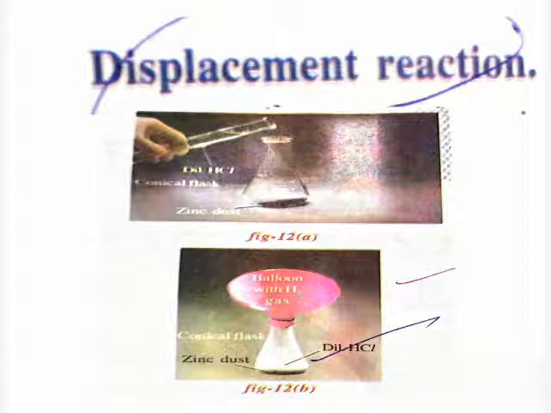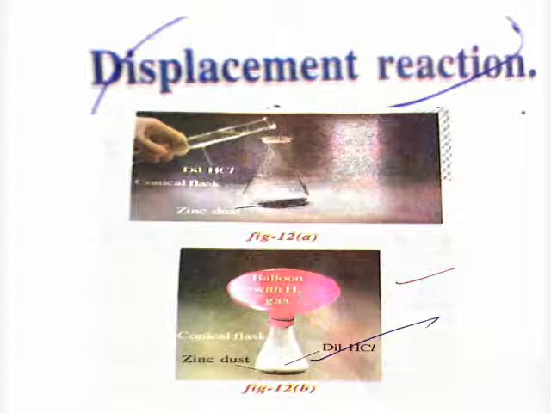Generally, metals which are more active than hydrogen displace it from an acid. To understand this displacement reaction, we are discussing one activity.